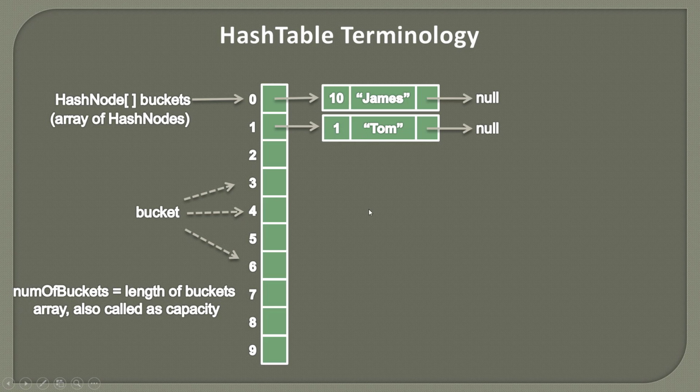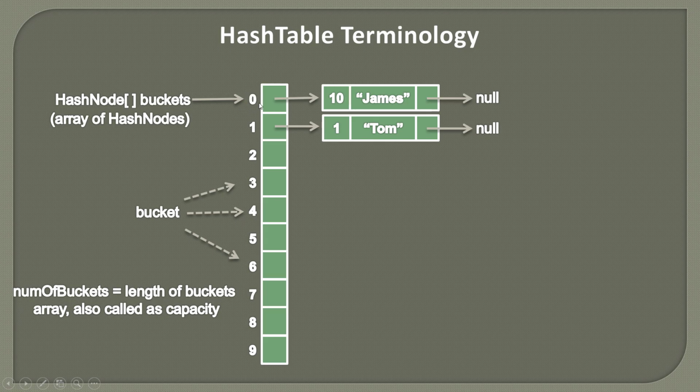Here you can see that the way we are storing this key value pair is via the hash function, which we already discussed in our previous video and will be discussing in upcoming videos also. The key is 10, and let's say we take the hash function as key mod the number of buckets, which is also the length of this array. Then we get 10 modulus 10, which gives us remainder 0, and whatever we get from the hash function is nothing but our index.